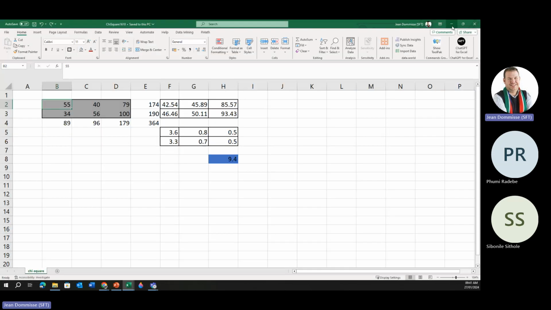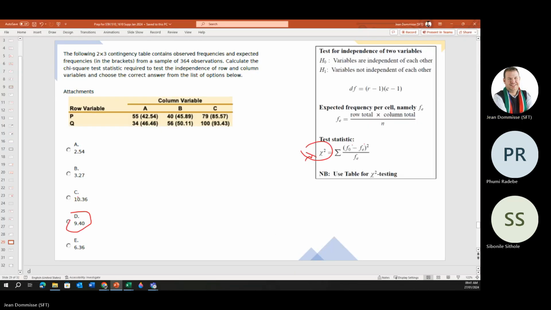Okay, cool. If you want to do it manually, it is going to take time because they have given you the numbers, but when you do this calculation, like I did in Excel, which is fine to do, you're going to do it for 1, 2, 3, 4, 5, 6 of them, and then you will need to add all of them.